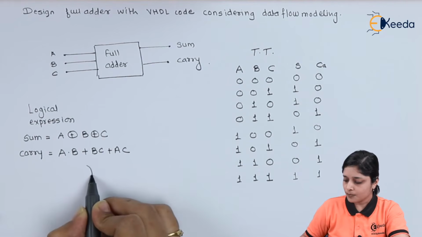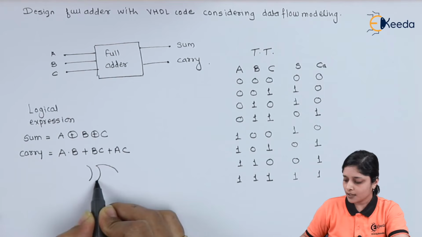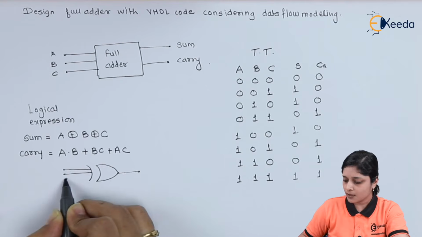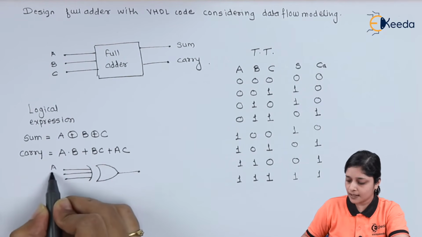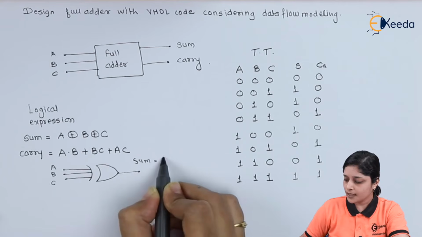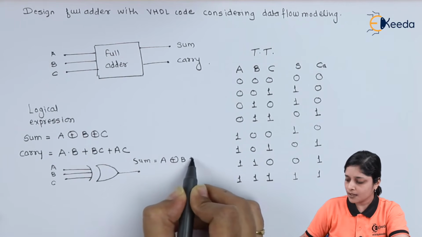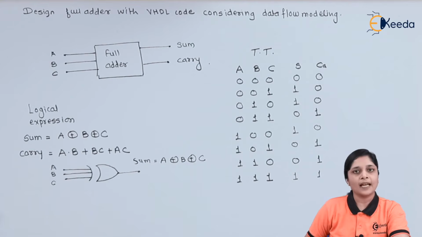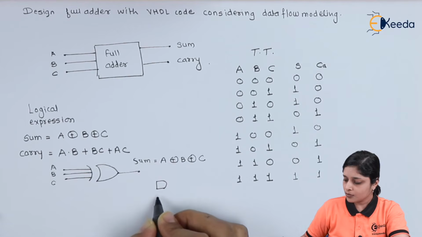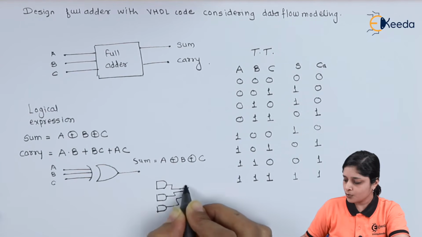For sum you can draw here an XOR gate consisting of three inputs, that is A, B and C, and here for sum you will get A XOR B XOR C. For carry you have to draw here 3 AND gates, and after that you have to add the outputs of all the 3 AND gates with the use of an OR gate.